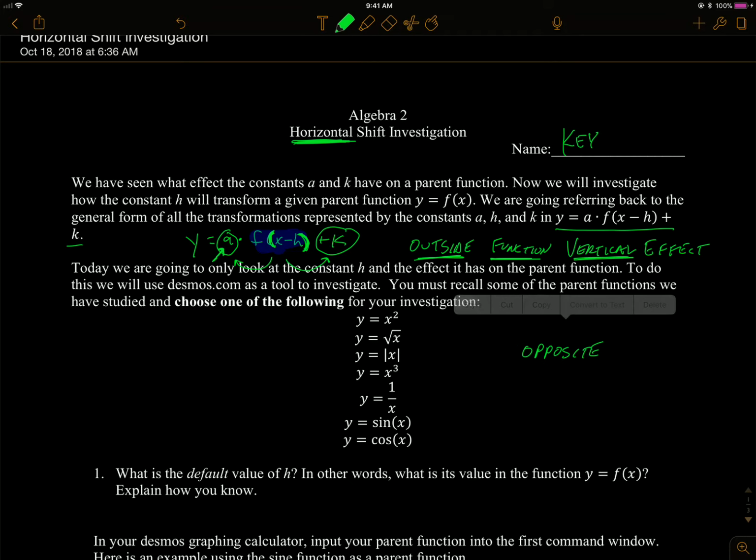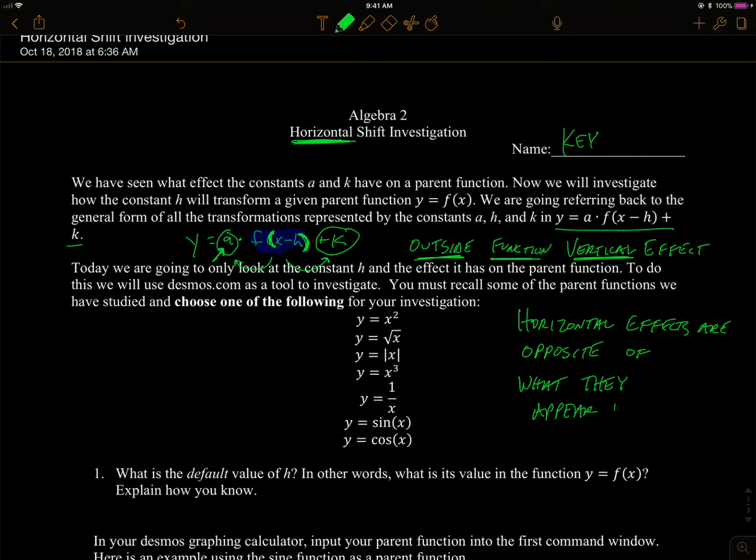Horizontal effects are opposite of what they appear to be in the function. You'll see what I mean when we go through this investigation.